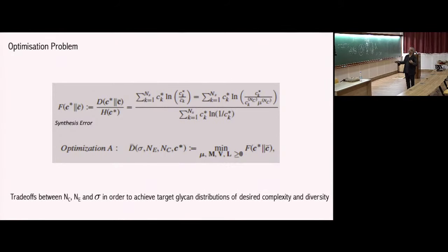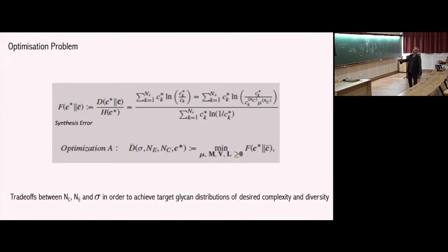Now the task is that this of course depends on all parameters. It depends on sigma, the enzyme specificity, the number of enzymes, the number of compartments, and the target for a given target. And it also depends on the rates, and some other properties of the enzymes, transport rates and chemical rates.